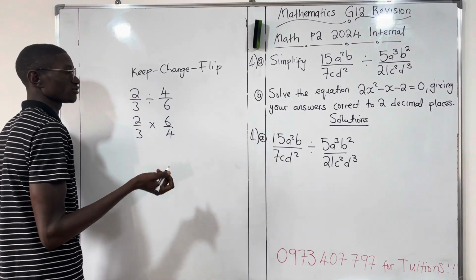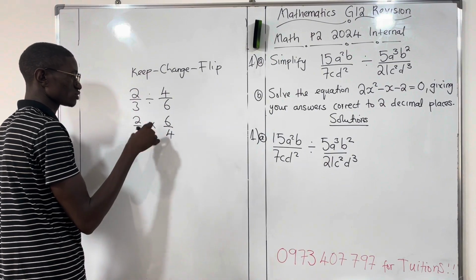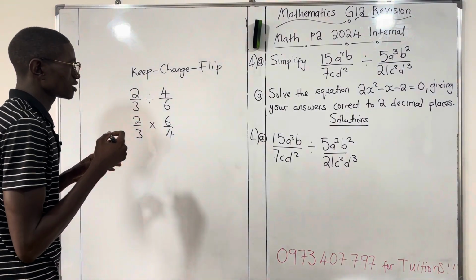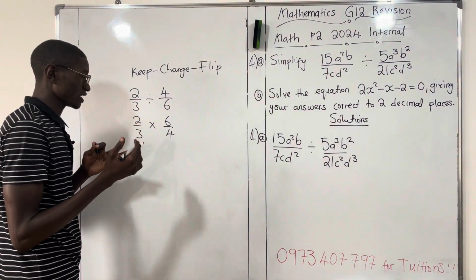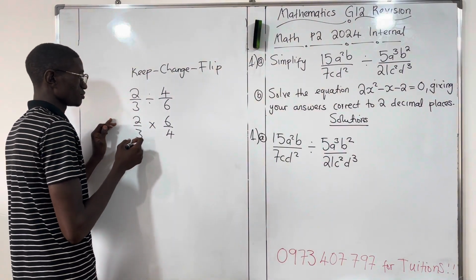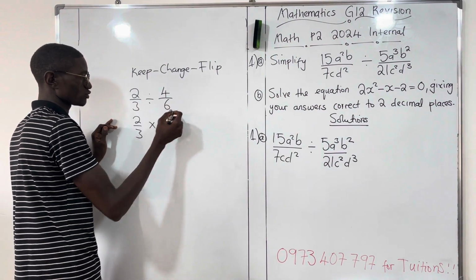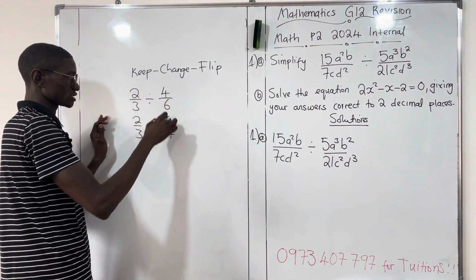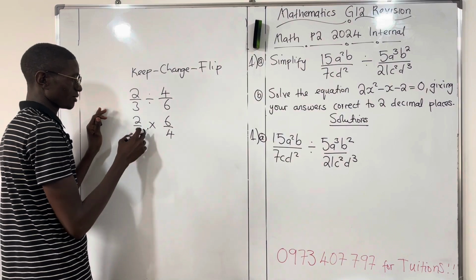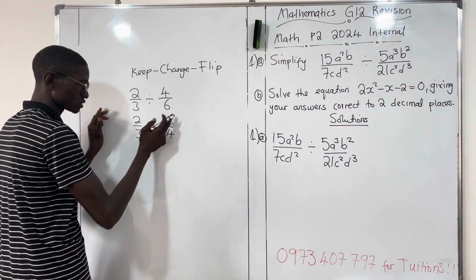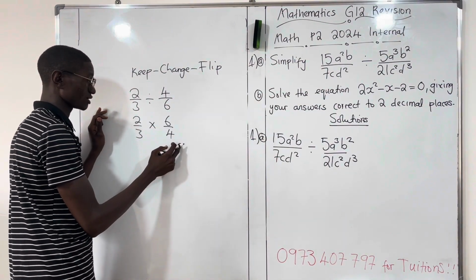At this point, then you can reduce. The reason why we do this is to increase our options of simplifying or reducing the values. Because when you have it like this, you can only reduce downwards and upwards. But when you do this, you can reduce diagonally as well.